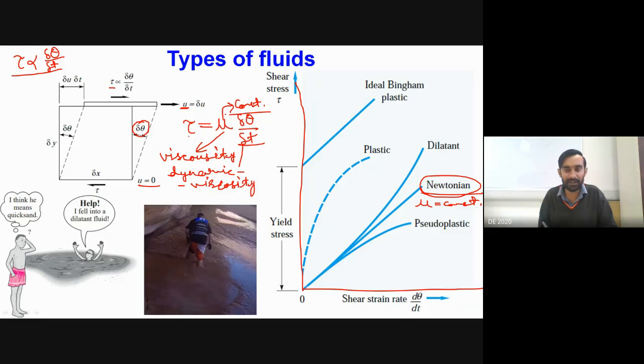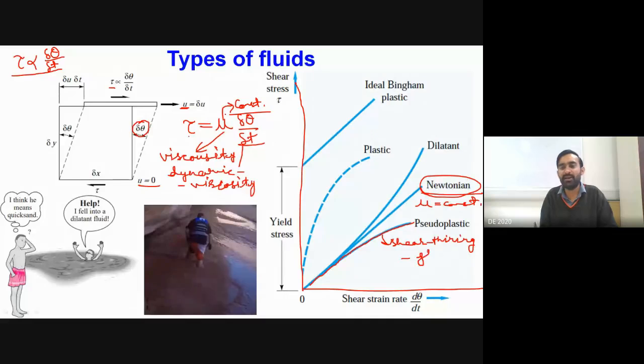You can see, for example, initially our curve was going something like this, and then as we move towards a higher value of dθ/dt, the value of this constant mu is decreasing. This particular type of fluid is known as shear thinning fluid.